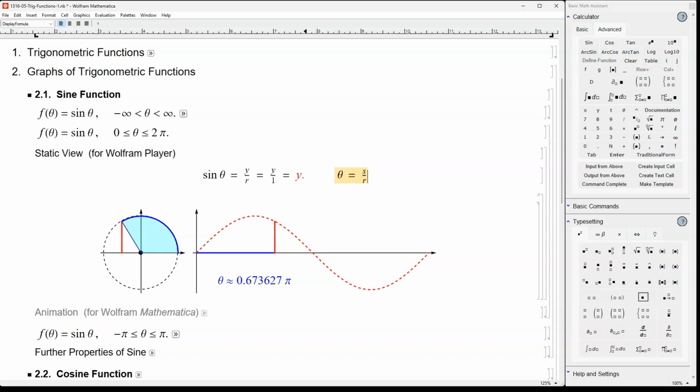Theta is s over r, remember that? Arc length over radius. But then again, in this case, radius is 1. So theta is just s. So the angle theta is the same as this arc length, highlighted in blue.